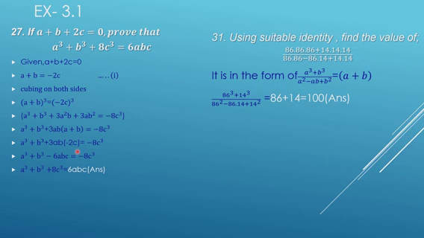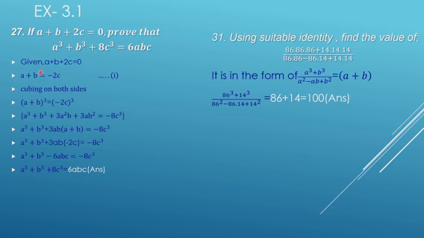Now if I multiply this, you get minus 6abc, so a cube plus b cube minus 6abc is equal to minus 8c cube. Now if I bring it here, it becomes plus 8c cube, which is equal to 6abc. Hence the equation is proved.